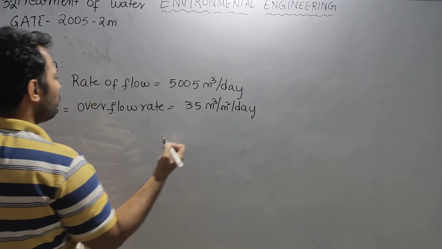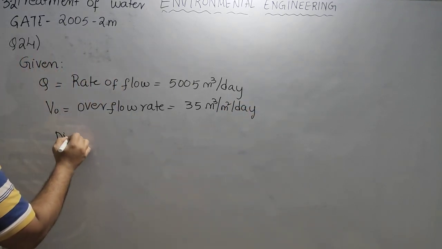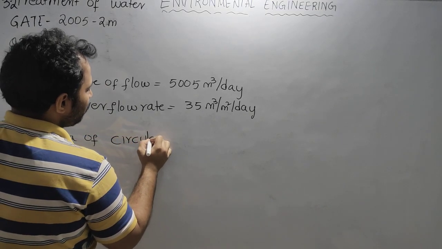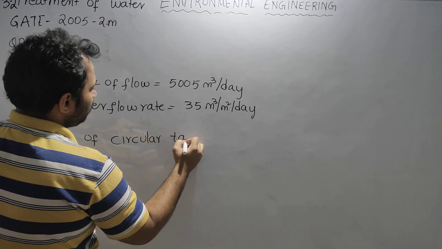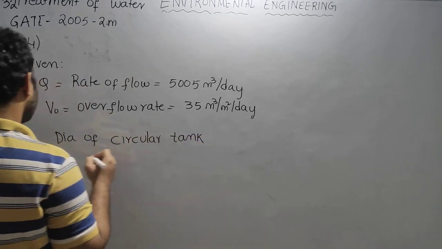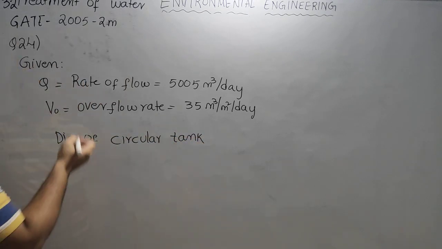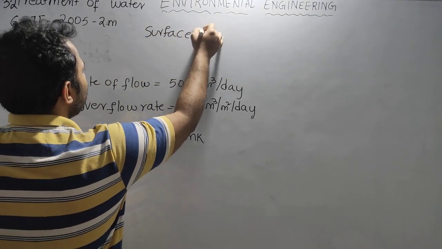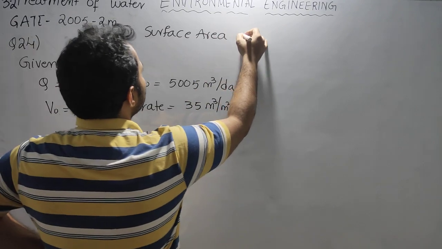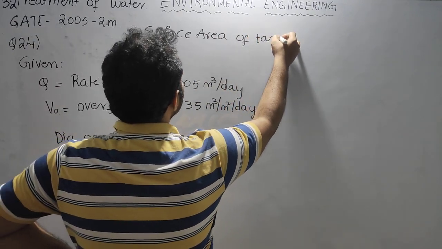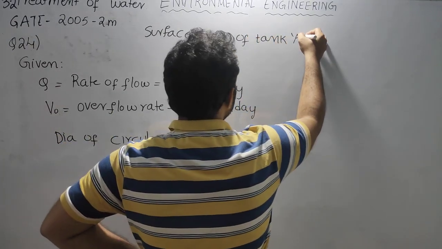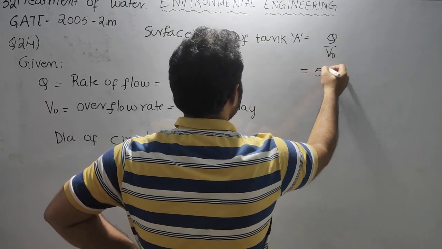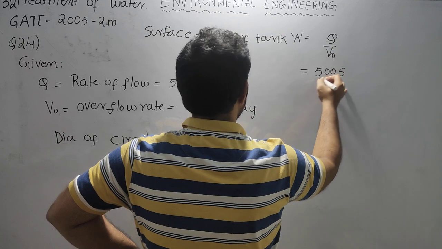So what is the diameter of the circular tank? First of all, surface area of tank A is equal to Q by V naught, which is equal to 5005 by 35.